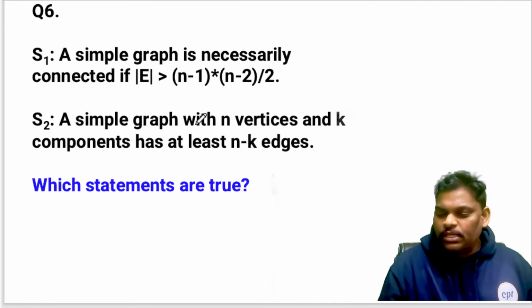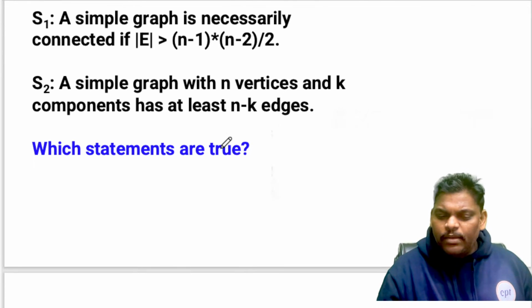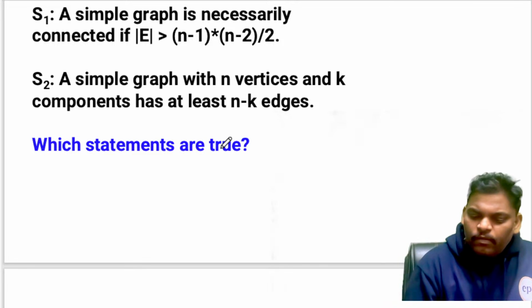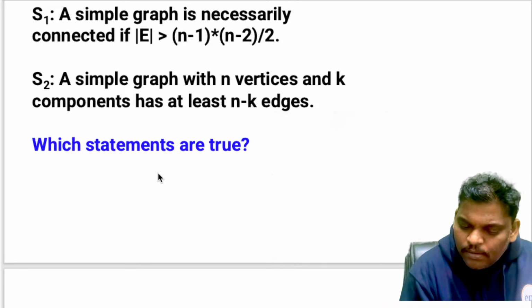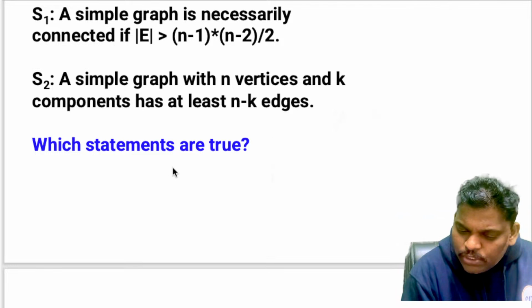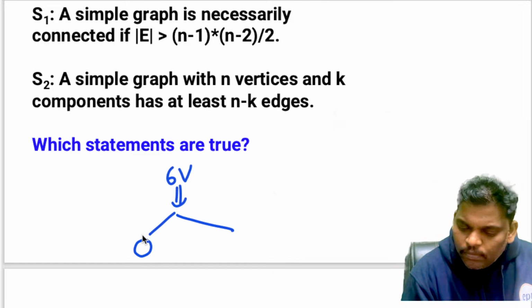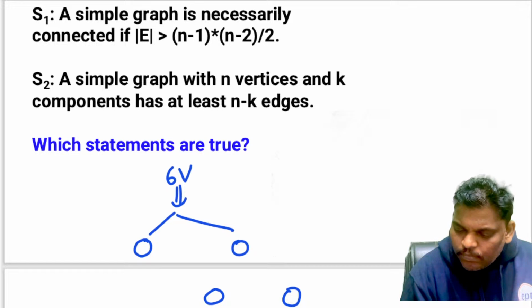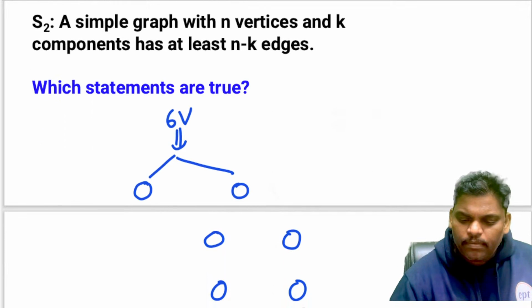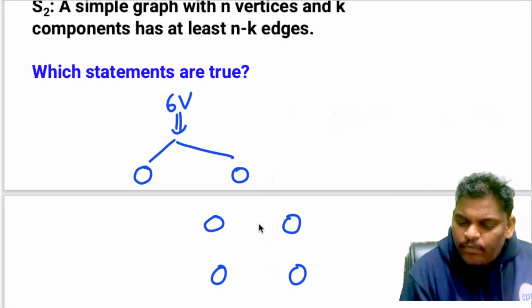Now see, one time see. Everyone listen, very interesting problem. Six vertices: one vertex this side, and 5 vertices this side.